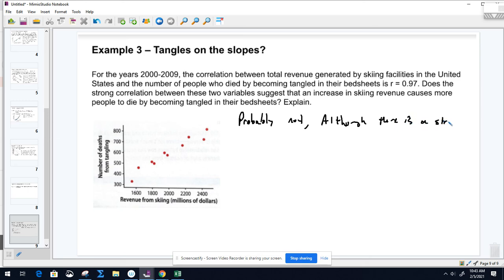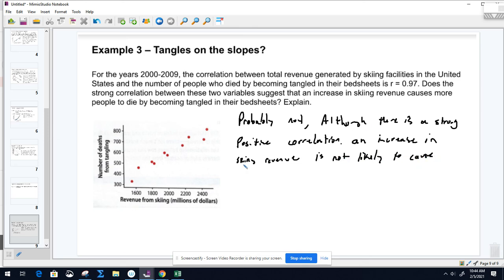Although there is a strong positive correlation, there's definitely a strong positive correlation, an increase in skiing revenue is not likely, and this is an important word, not likely to cause more people to get tangled in their bed sheets.